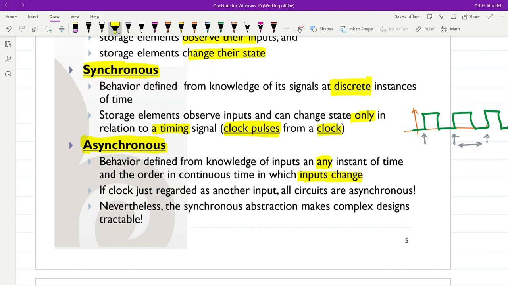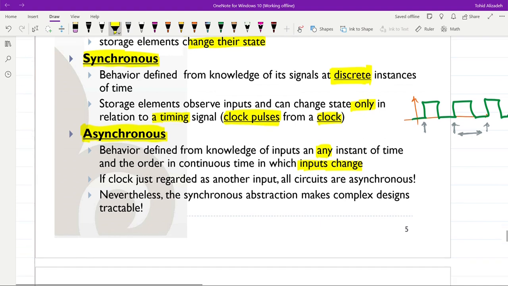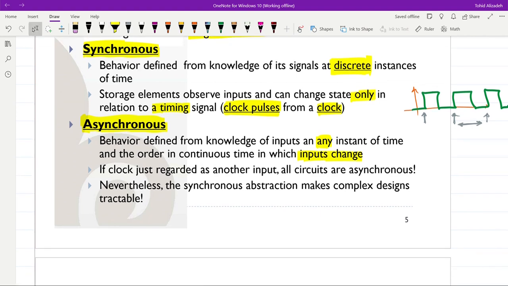Of course, keeping in mind that there are some delays in the gates, and since we are using the gates, there will be delays, and therefore the state and output will change after a given amount of time. But the operation of the system doesn't depend on the clock, and we don't have our system changing its states at a specific time instance.